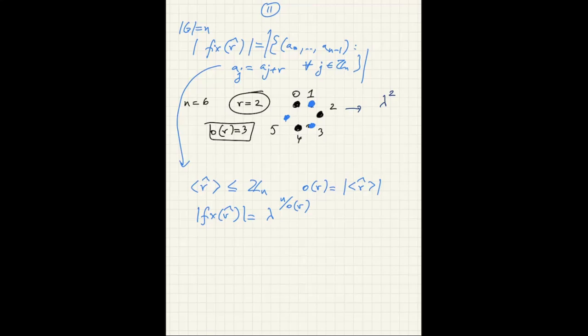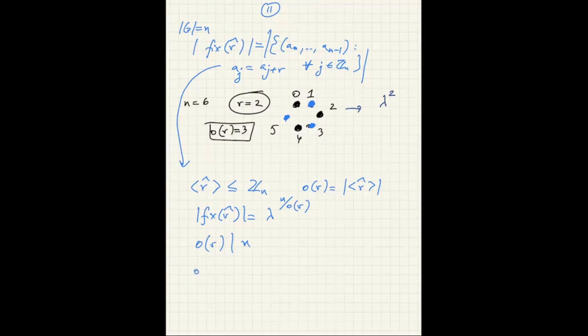And now, how do we calculate these orders? Well, the order of r has to be a divisor of n, by Lagrange's theorem.